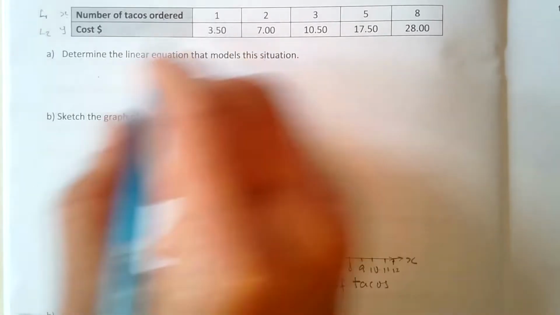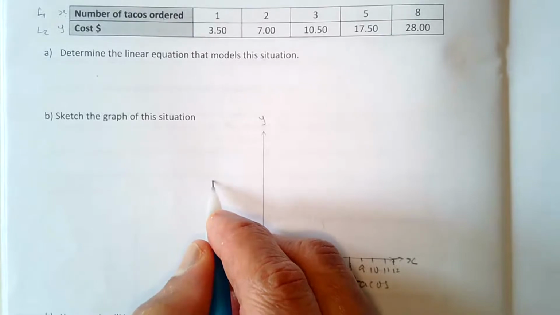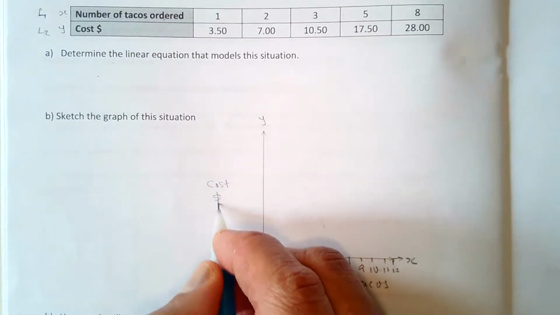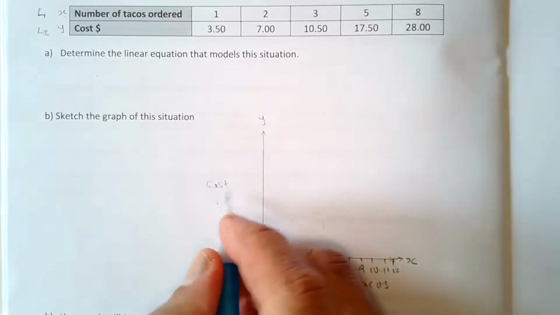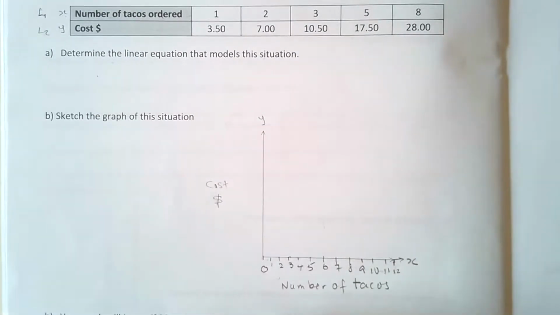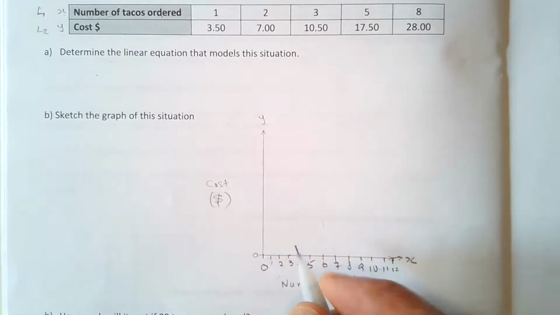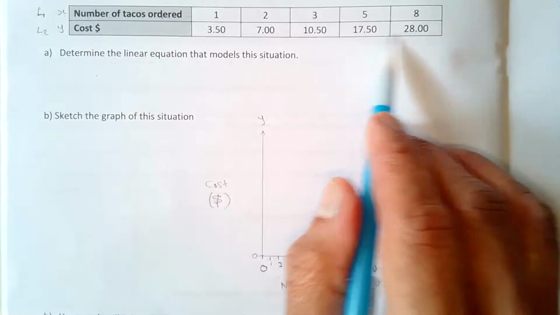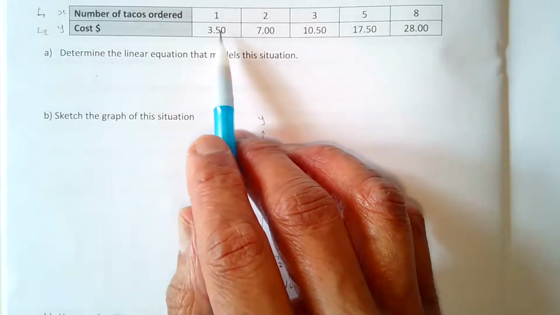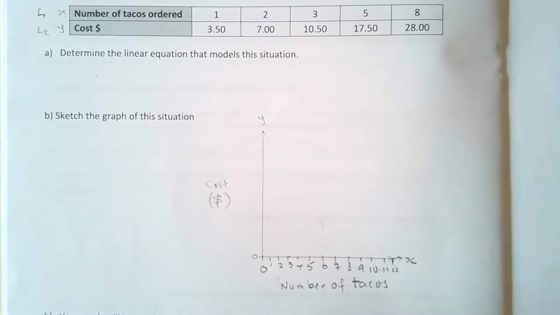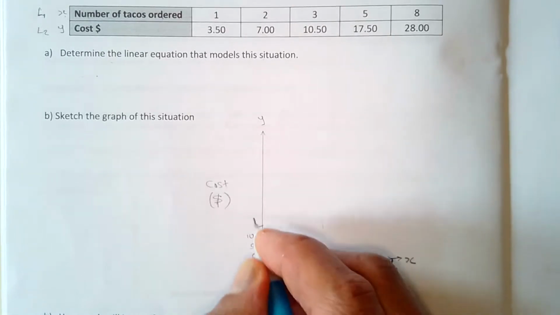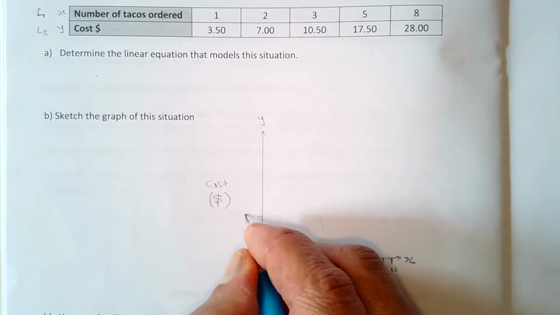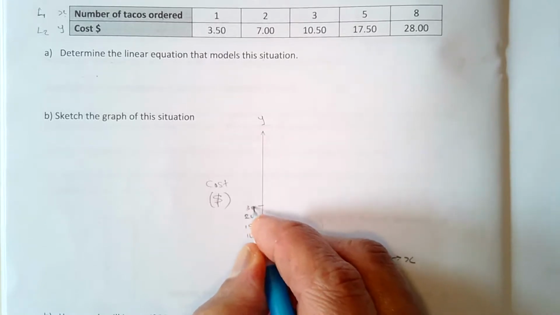The cost is your y-axis, and that's in dollars. So again, we start from 0. Now, because the numbers are increasing by 3.50, notice we can make this 5, 10, an increment of 5.